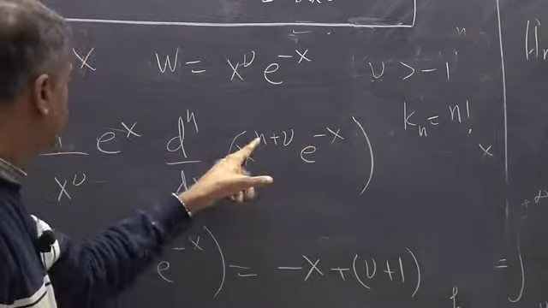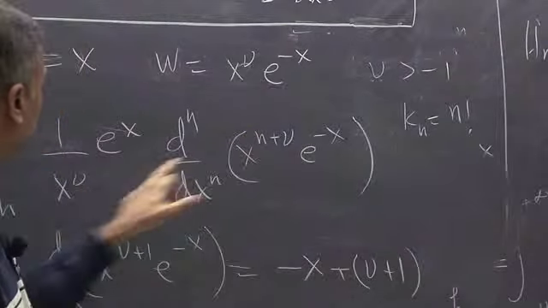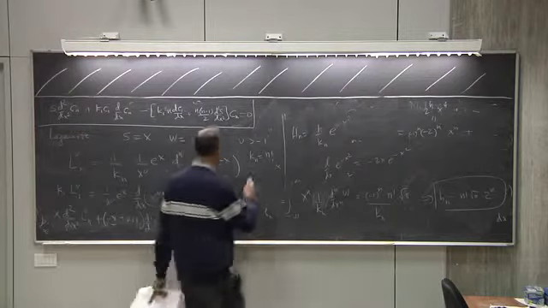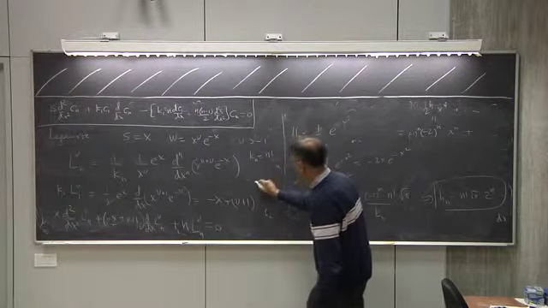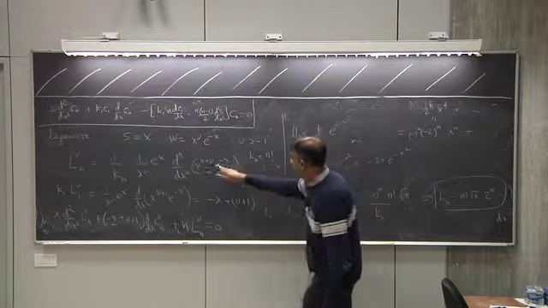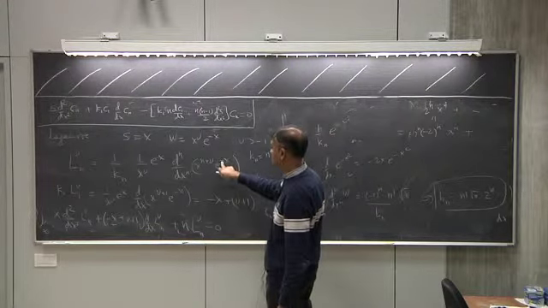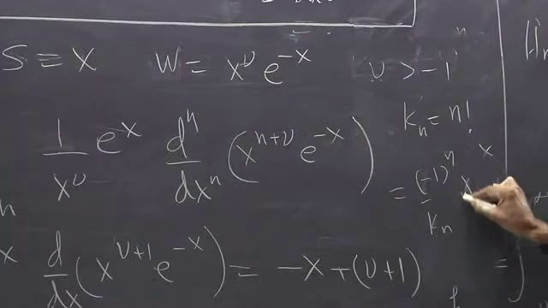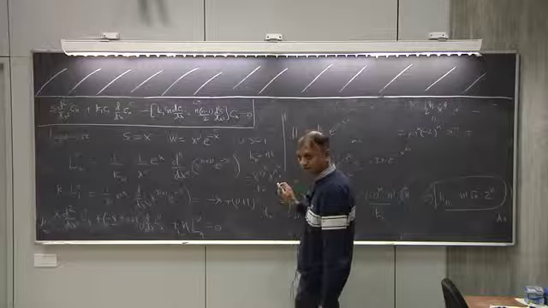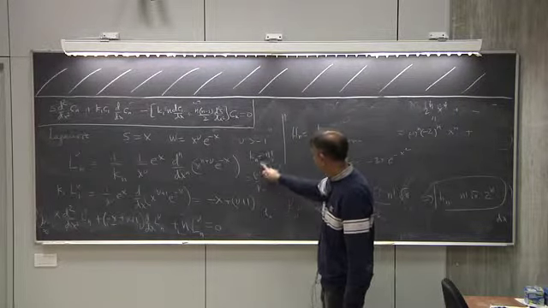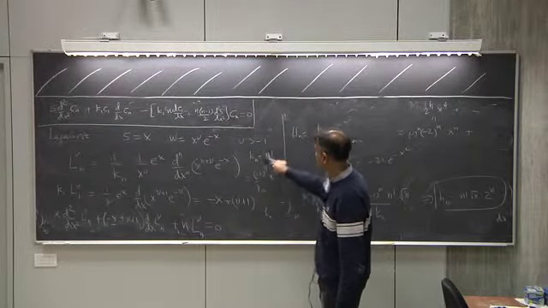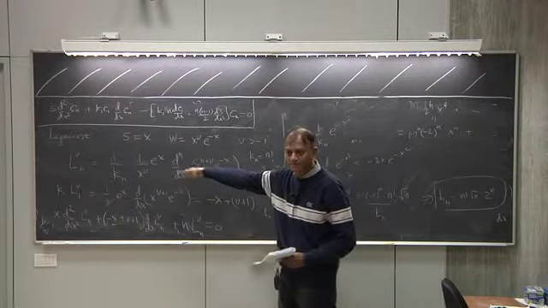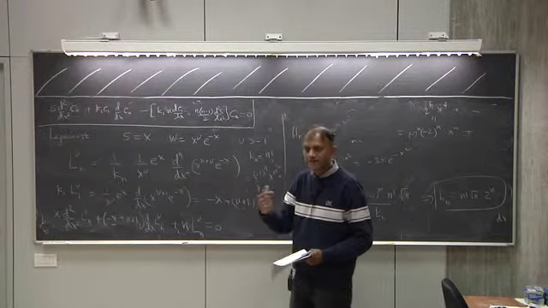In that case, indeed, this power remains the same, x to the nu cancels, and you get x to the n, right? So the coefficient of x to the n, you can see it is simply 1 over kn, and then every time the derivative acts here, you get a minus sign, so you get here minus 1 to the n times x to the n plus the lower terms. So kn is little kn is that. Okay. So I mean, by staring at it, you can start getting all the relevant information from this.